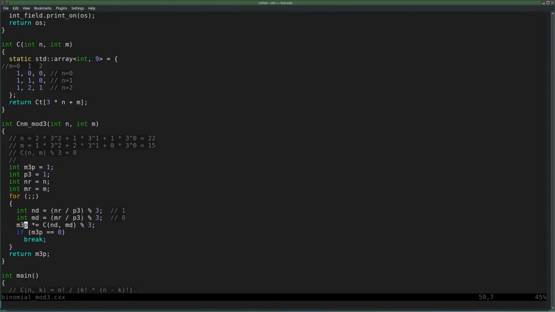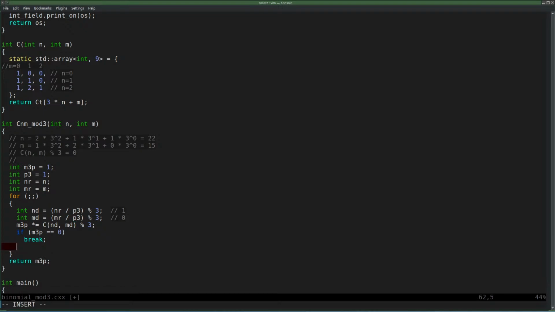So then my modulo 3 product gets the next digits, base 3, modulo 3, and if the product is 0, then it remains 0, might as well return.